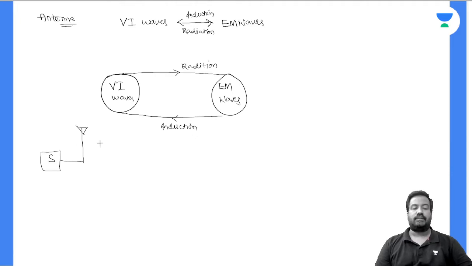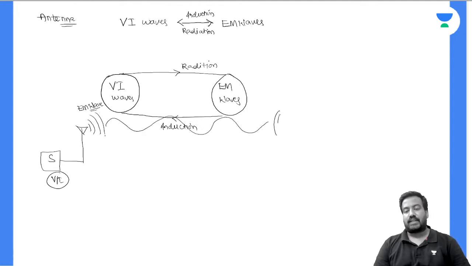If you see here, this is the source. This is the antenna, which is radiating. Here the voltage or current supplied by the source is converted to EM wave. This process is called radiation. Now the wave is propagating and will reach the receiver side. On the receiver side, this EM wave is converted back to V-I waves.